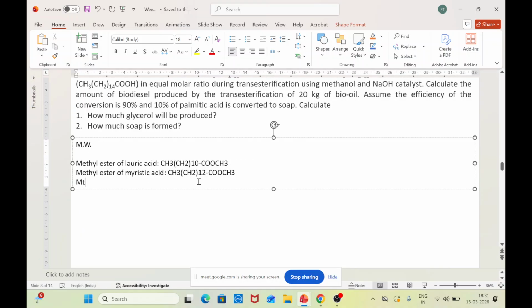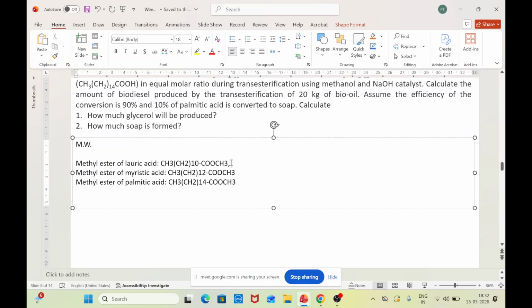And similarly, methyl esters of palmitic acid is going to be CH3 (CH2)14 COOCH3. Now for this we need to calculate the molecular weight.